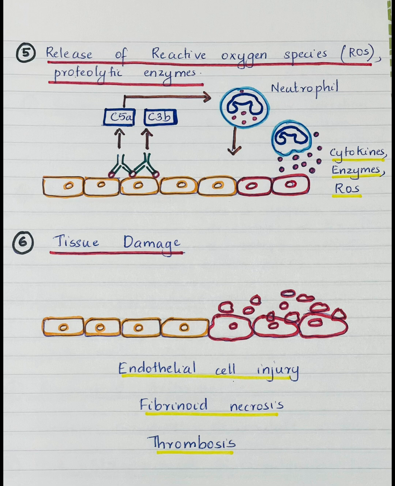Endothelial cell injury increases vascular permeability, further enhancing the immune complex deposition. Fibrinoid necrosis causes the deposition of fibrin, inflammatory cells, and immune complex in the vessel wall. Thrombosis results in platelet activation and clot formation.